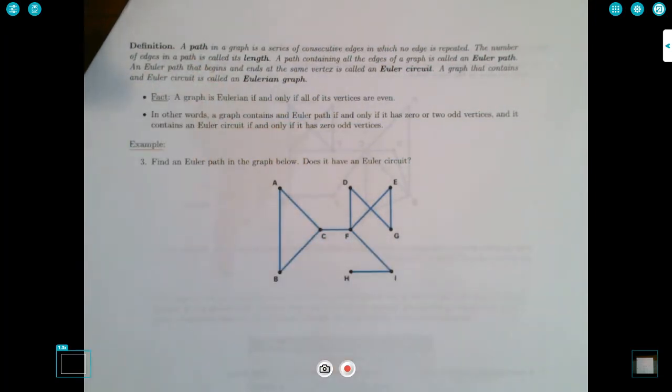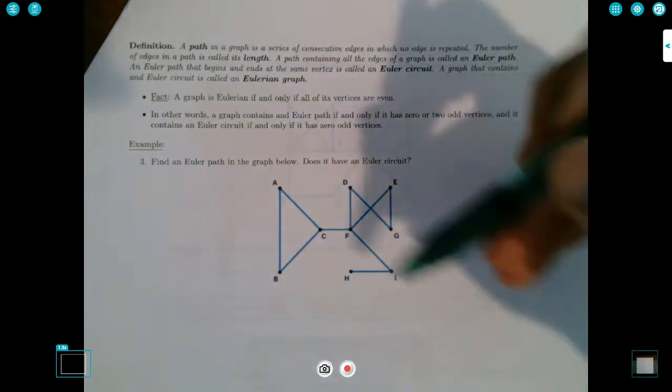A path in a graph is a series of consecutive edges in which no edge is repeated. The number of edges in a path is called its length. By the way, a path doesn't necessarily have to try to get anywhere in particular. It's just a series of consecutive edges.